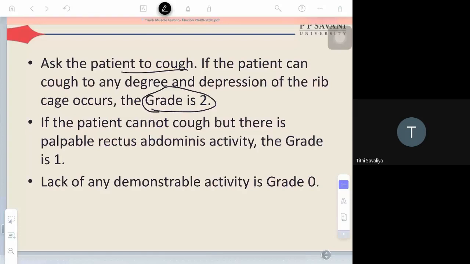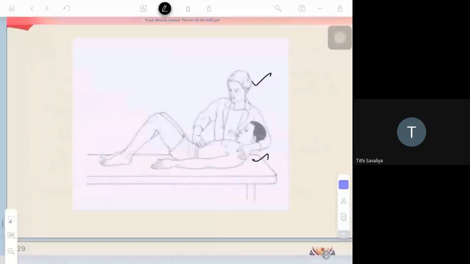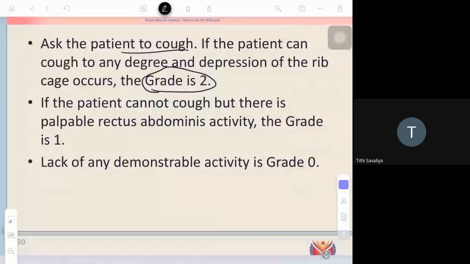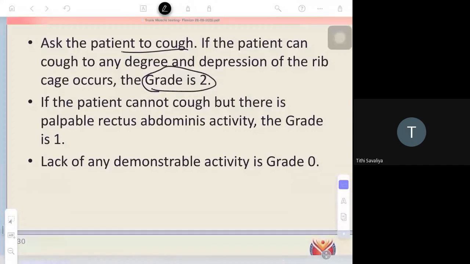Now ask the patient to cough, in the supported position. If the patient can cough to any degree and the depression of the rib cage occurs, then it is grade 2.